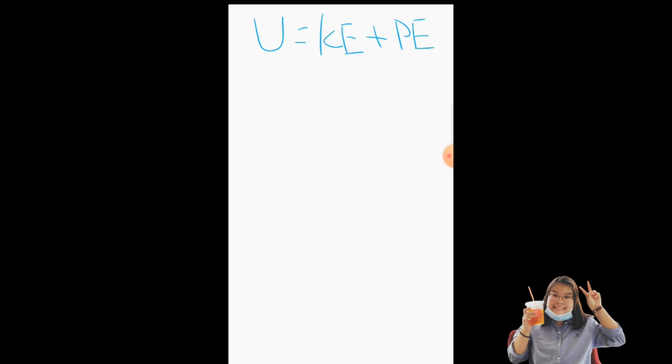And the potential energy can be neglected because the intermolecular forces are assumed to be negligible. So our potential energy is 0. So we can get the equation U equal to KE, the total kinetic energy of the gas.